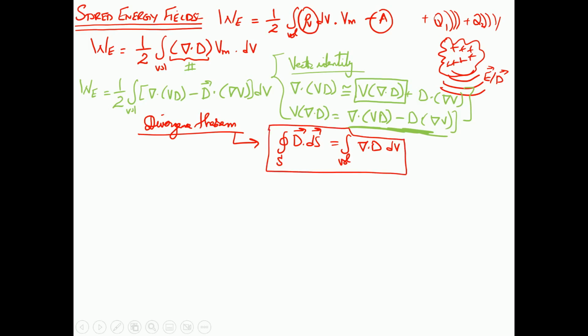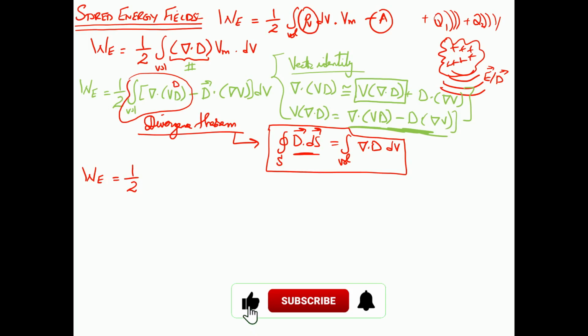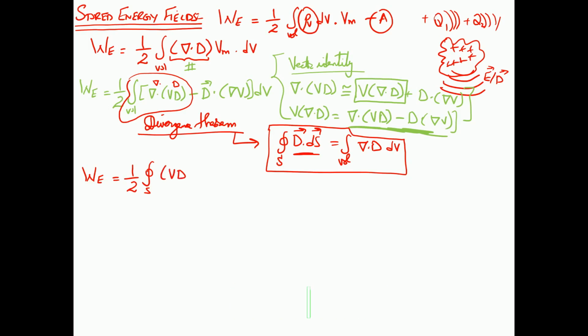So I can apply the divergence theorem onto the equation above, which means I can write WE as 1 by 2. Since this is the volume portion, I can replace it with the surface distribution. So I can write 1 by 2 surface integral of V D dot dS.